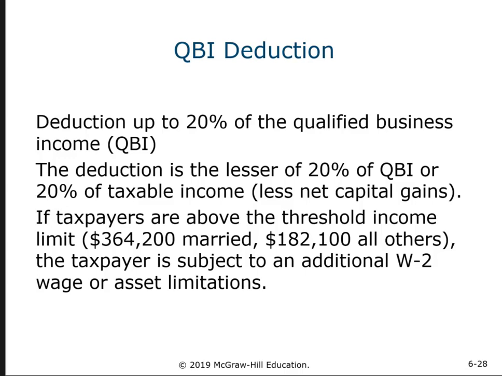You can make up for that in certain instances if you have a lot of employees that you pay W-2. Okay. If your business is something that has a lot of employees, it's not a profession like I mentioned, but you're manufacturing something and your income is higher than the 364, you could still have the QBI if you have a lot of W-2, because then the limit is based on how much you pay out to your employees, or how many assets you have, the total cost of those that you have.